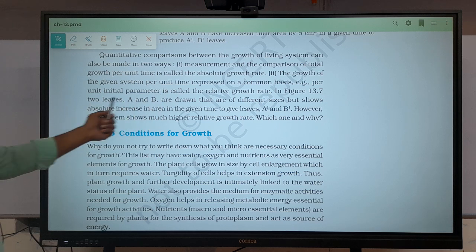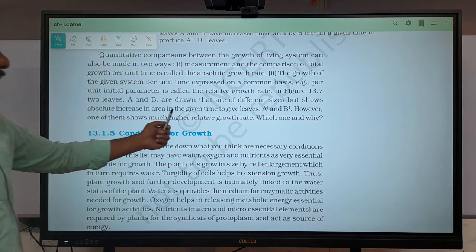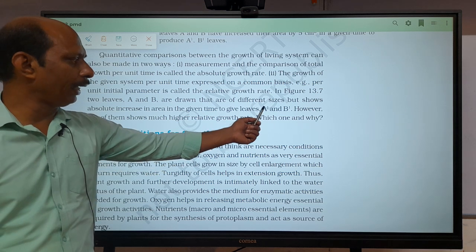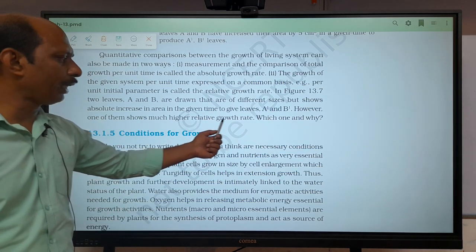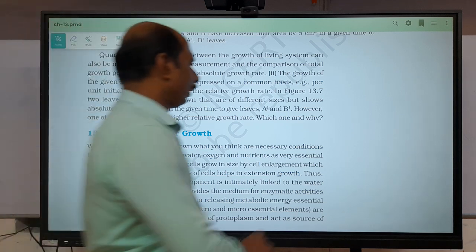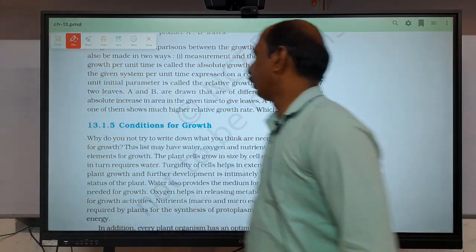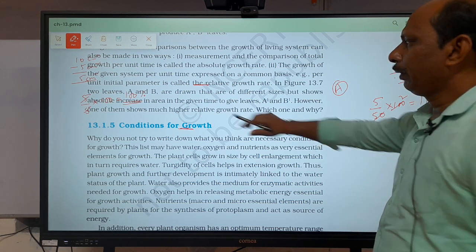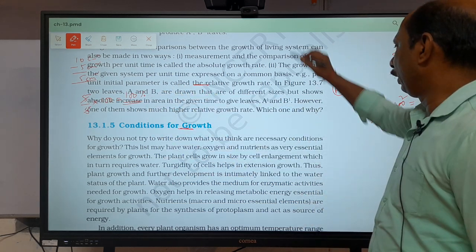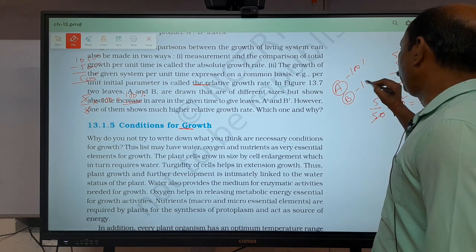Figure is given here. Two leaves A and B are drawn that are of different size but show the same absolute increase in area in the given time. However, one of them shows much higher relative growth. Which one and why? Here A, the small leaf, shows 100% and B shows only 10%.